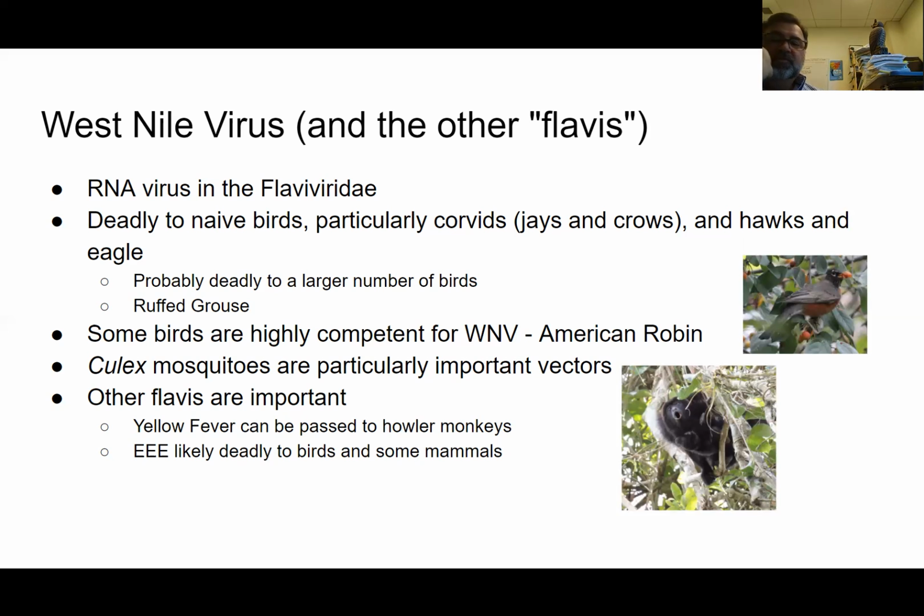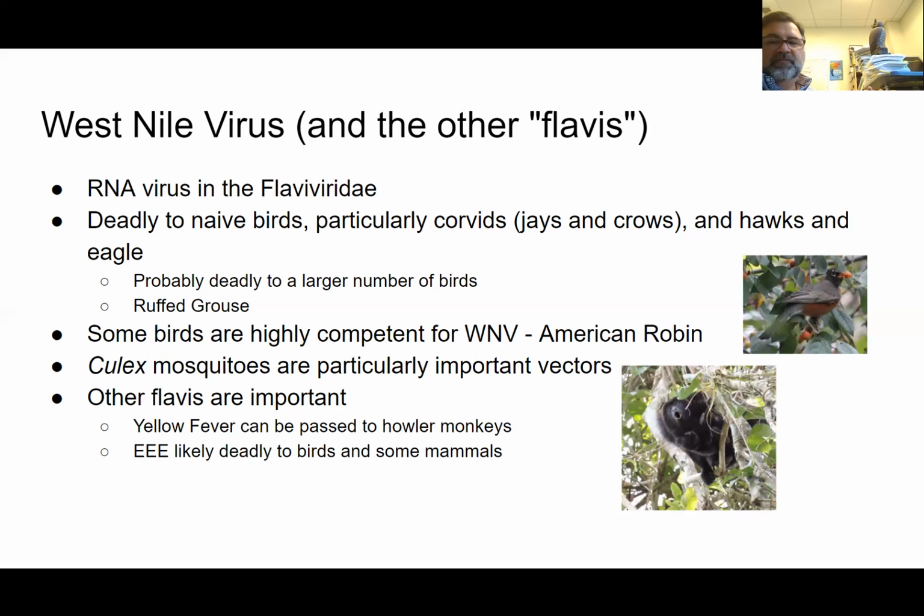Triple E is Eastern equine encephalitis. That's a flavivirus that is transmitted by mosquitoes. It's here on the East Coast. And there are a number of other flaviviruses out there: St. Louis, La Crosse, there's a large number of them, and they're all transmitted by mosquitoes.